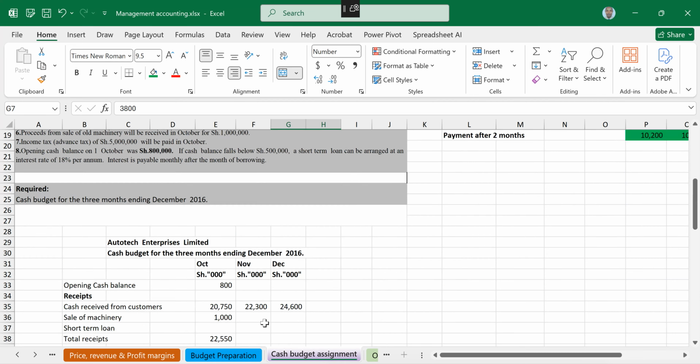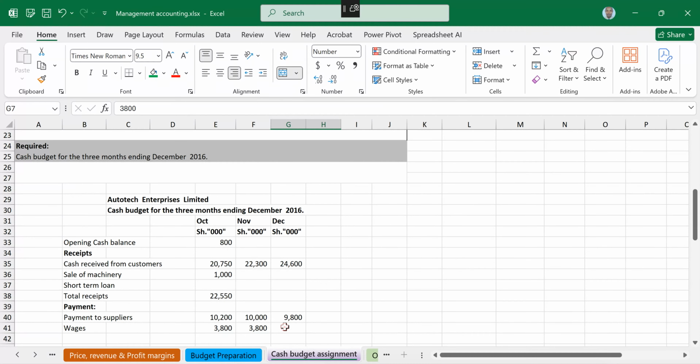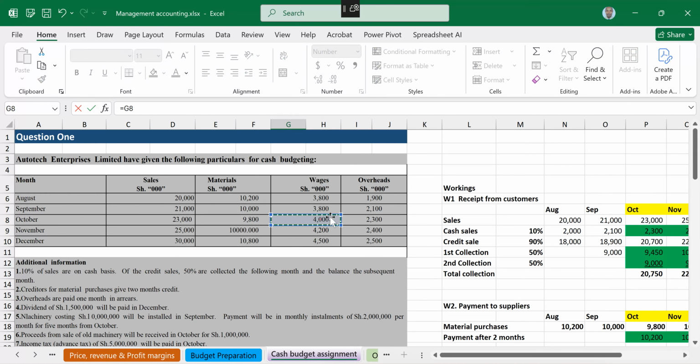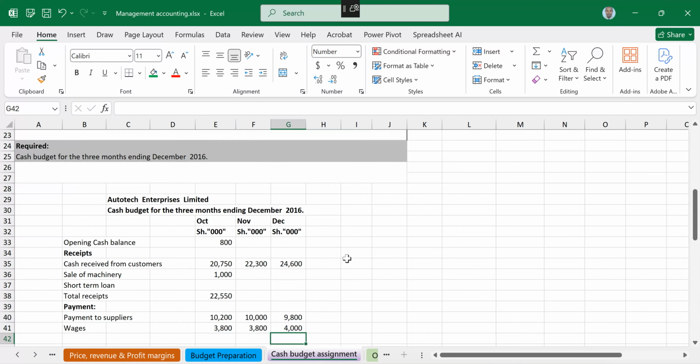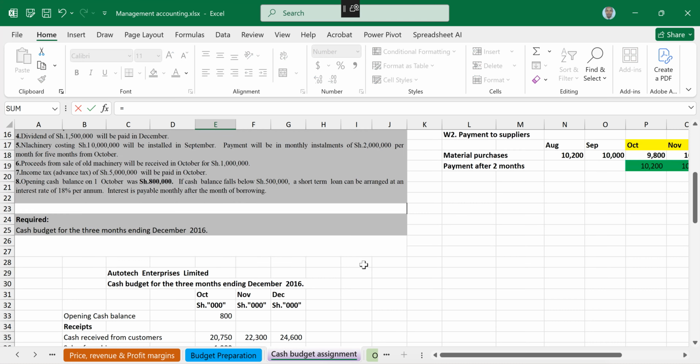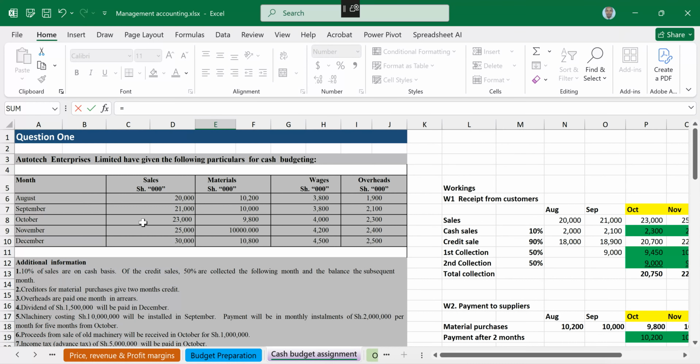Then the last one is 4,000. Now make sure you change this. We have picked the wrong one, so we'll be repicking again. It should be from October. Equal sign, wages are from October. October is 4,000.